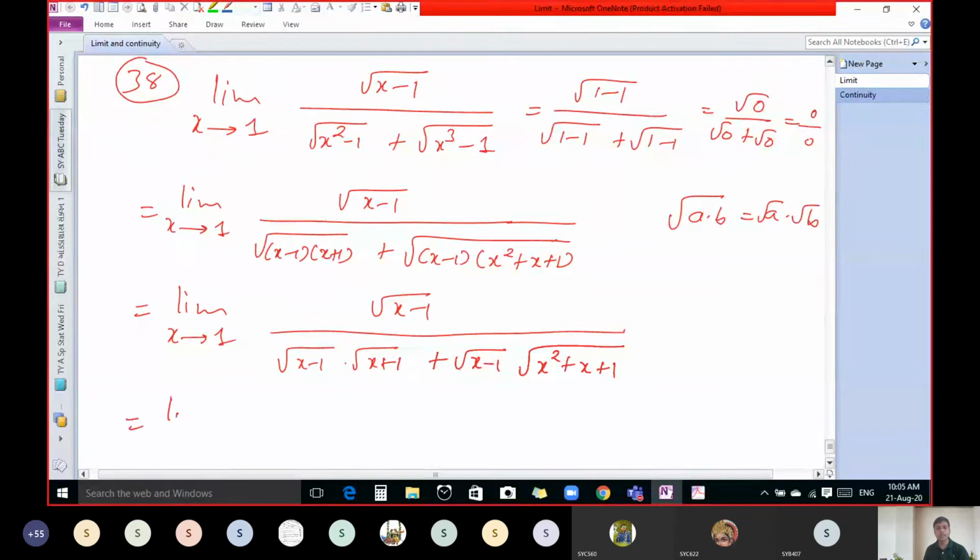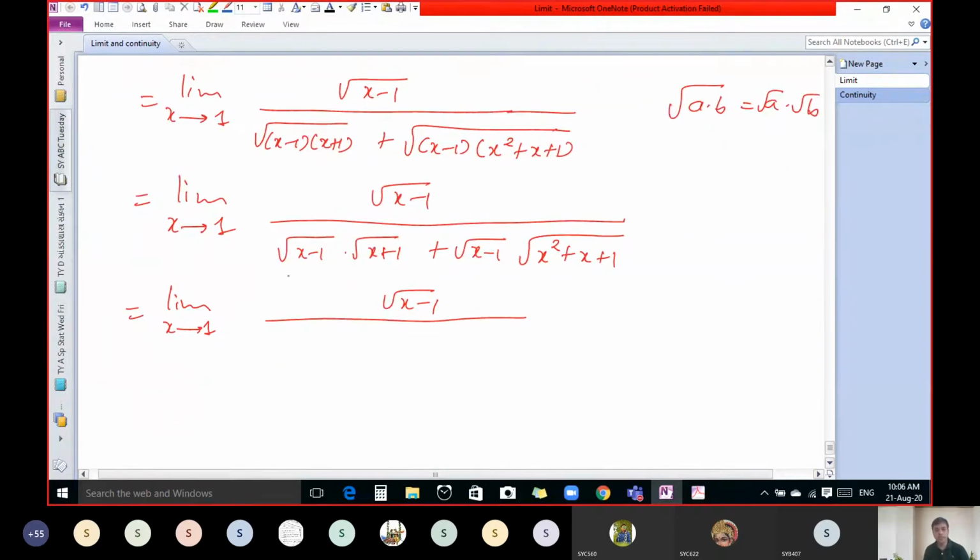Keep the numerator root x minus 1 as it is, and in the denominator you can take this part common.